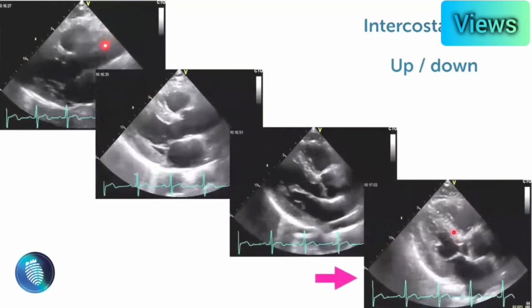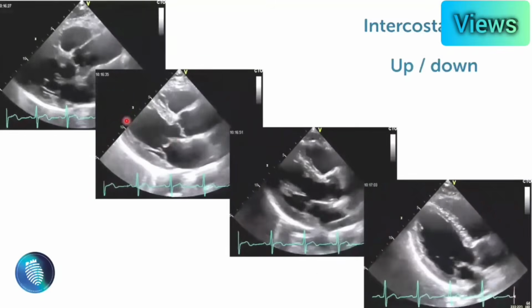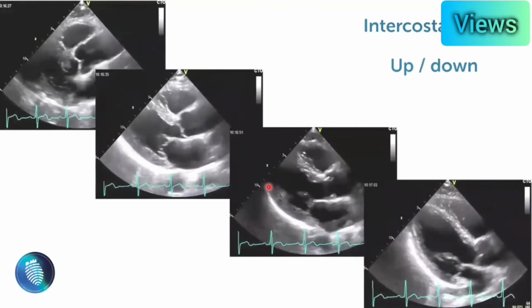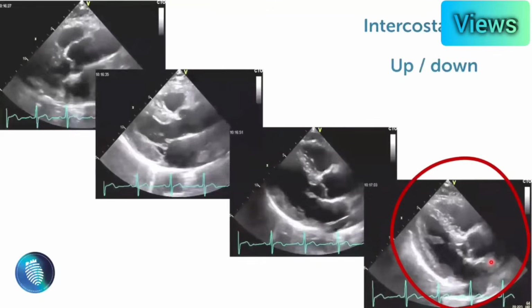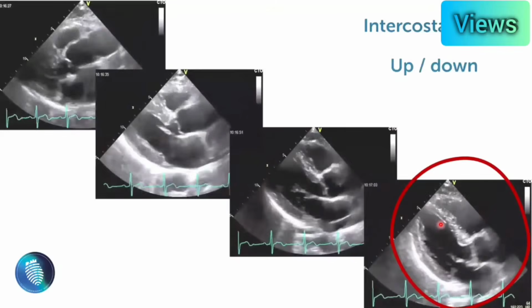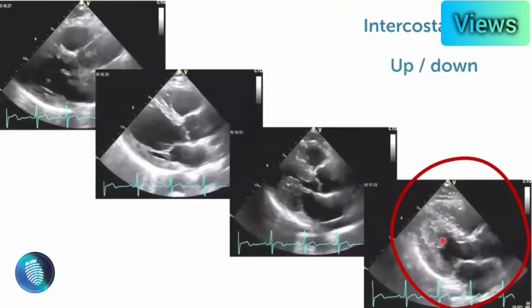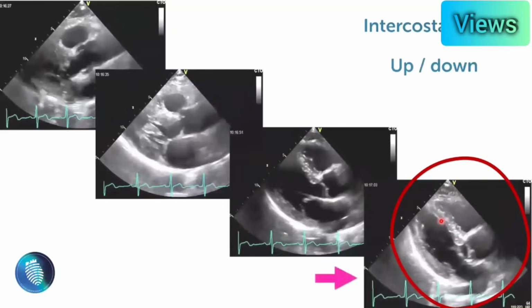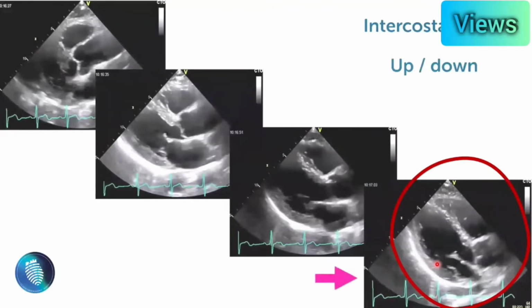And by moving medially, we exclude the apex. So this view is not the optimum view. If we try here to put an M mode over the LV cavity, we will get an oblique cut, and we will overestimate the linear dimensions of the left ventricle.